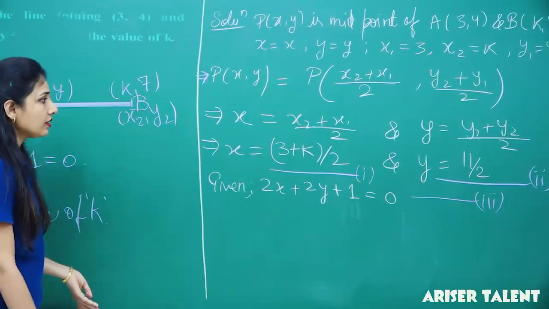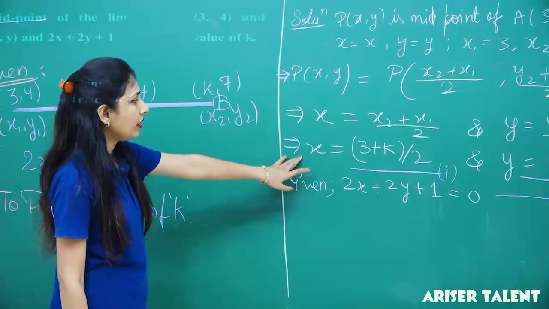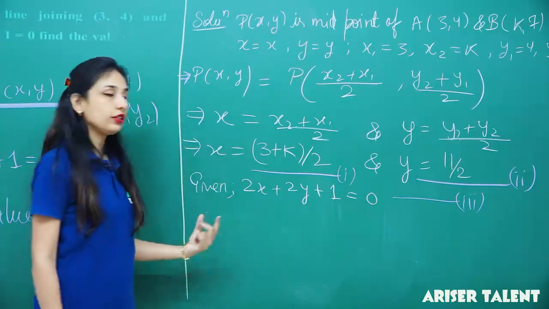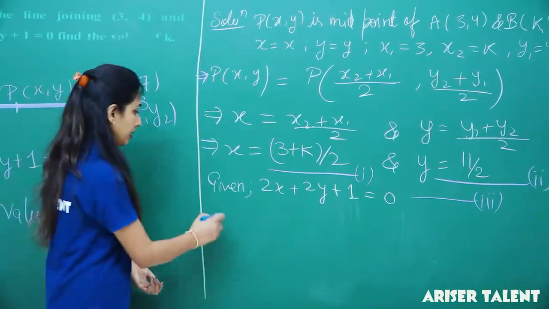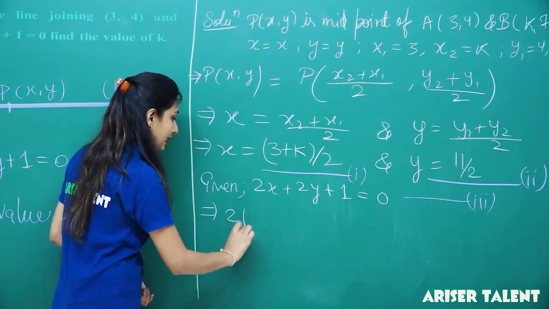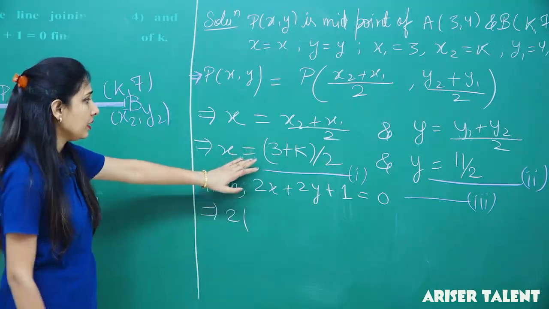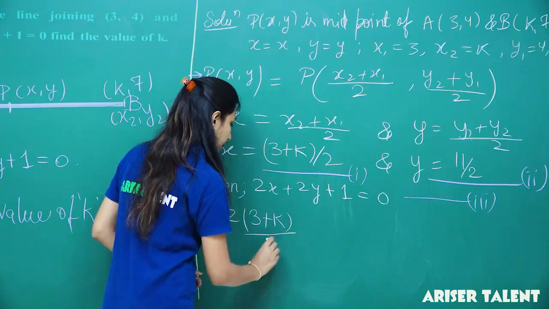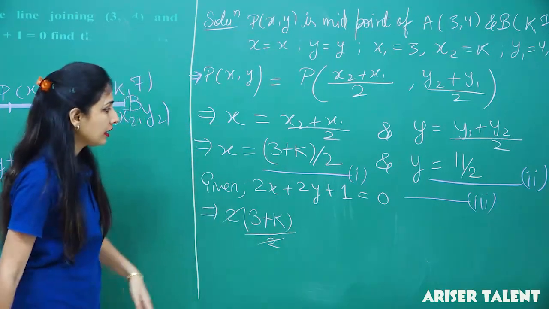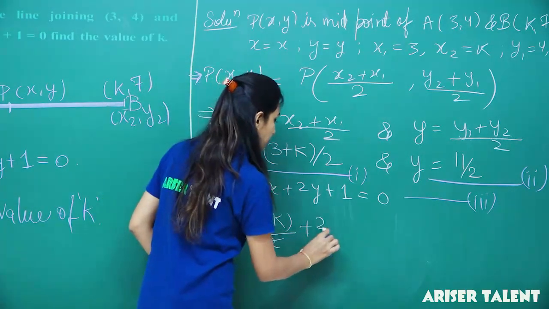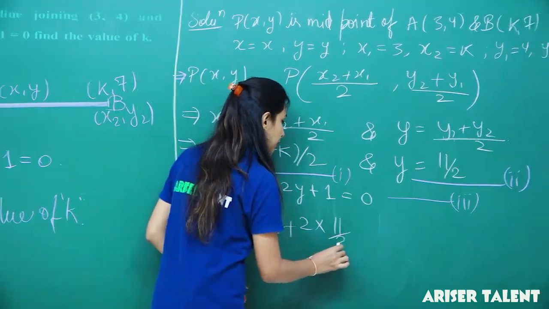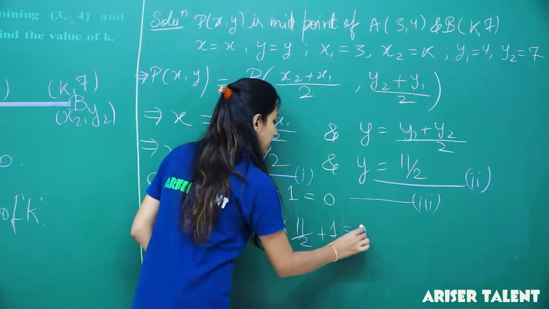Now can I put the value of x and y from there to here? Implies 2 multiplied by the value of x, that is (3 + k) by 2, the 2 cancels, plus 2y, 2 multiplied by y, y is 11 by 2, plus 1 equals 0.